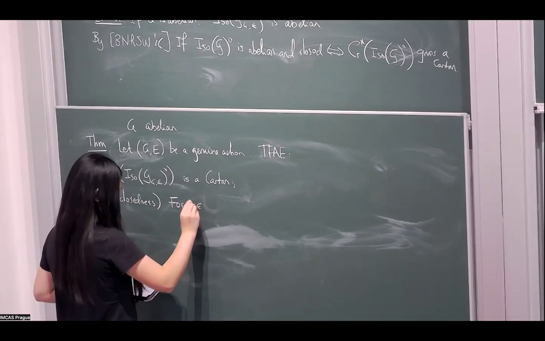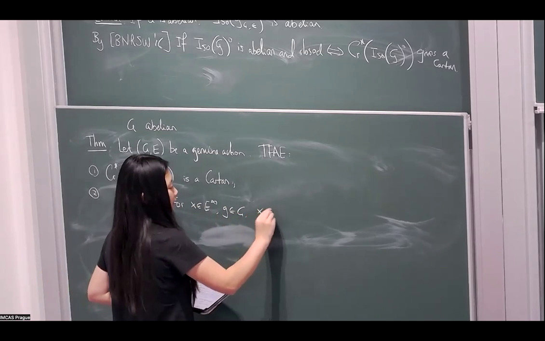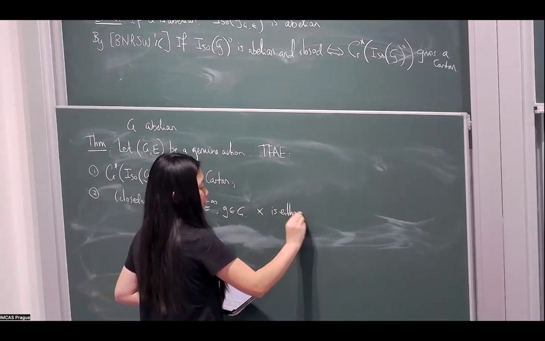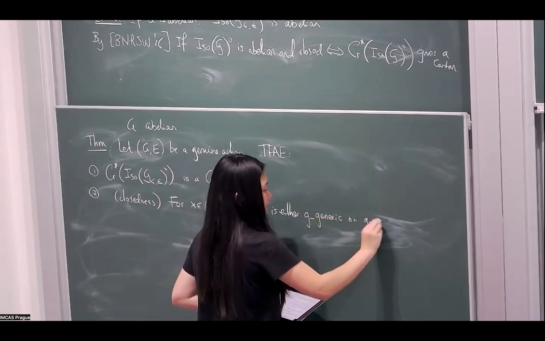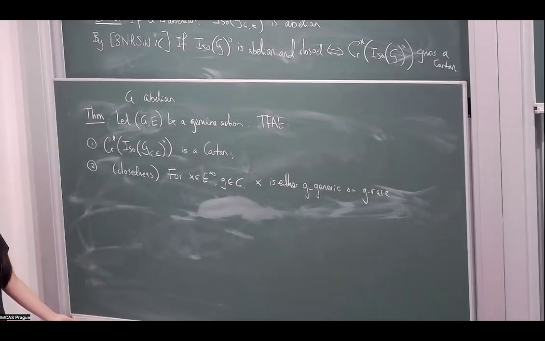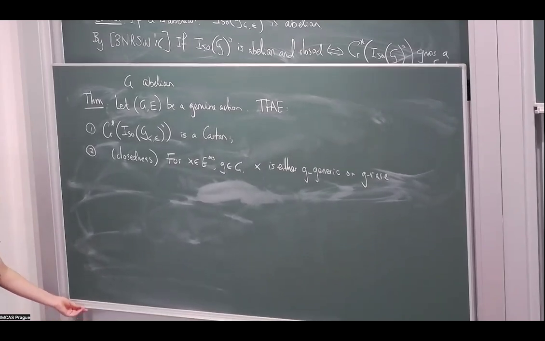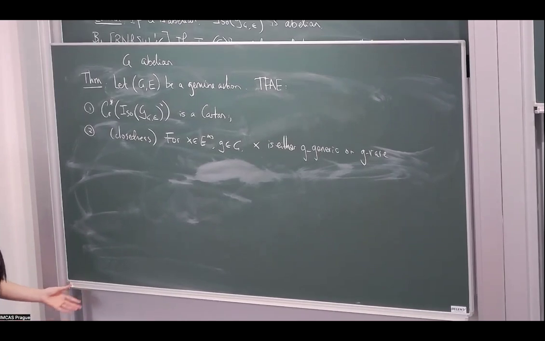For any x being an infinite path and any group element G, x is either G-generic or G-rare. There are conditions that you can verify in the examples that you have, and you can really consider them as direct translations of what is needed for closedness. Okay. So this is the first theorem that we obtained in the case of cross product.